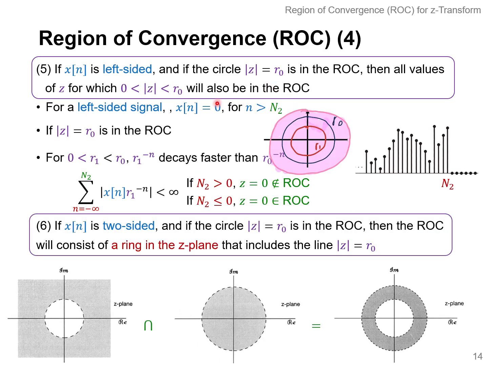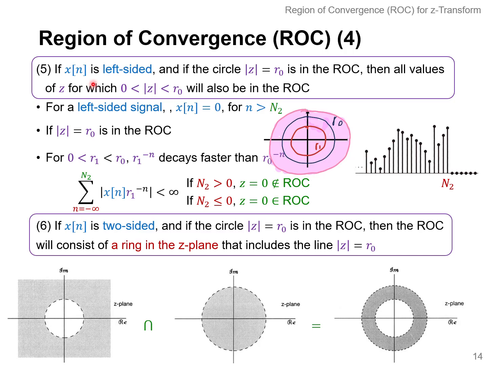Now we look at the ROC for left-sided signals and two-sided signals in the z-transform. A left-sided signal means x[n] is 0 for all n greater than n2. So the signal stops at n2 and extends toward negative n.